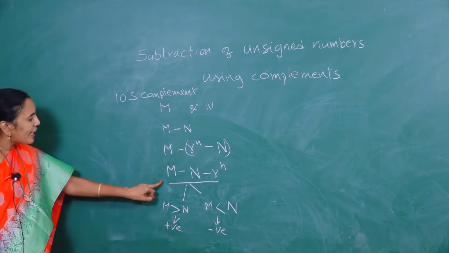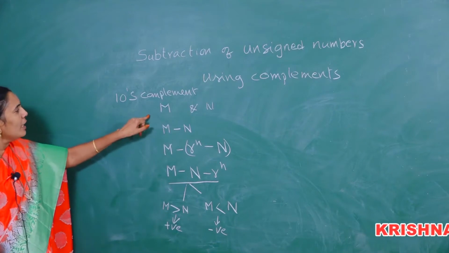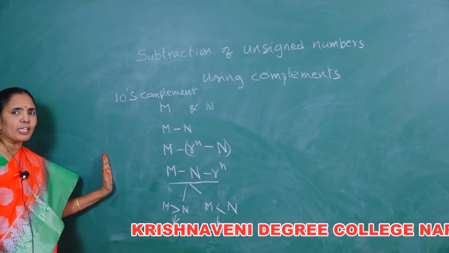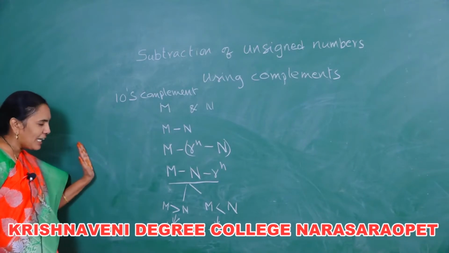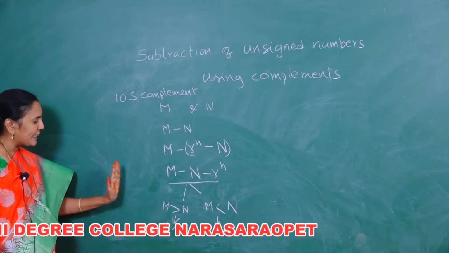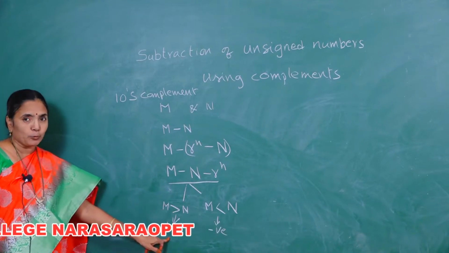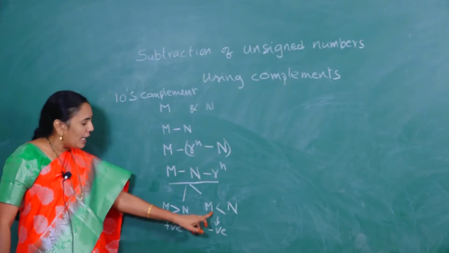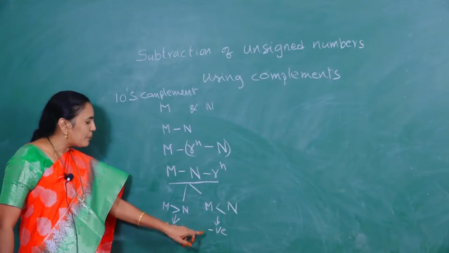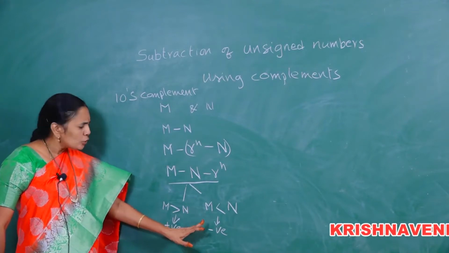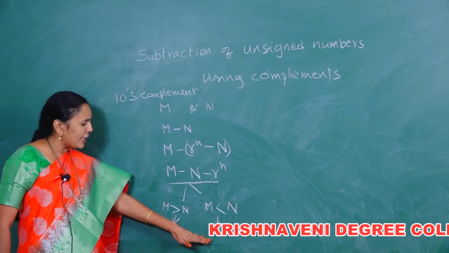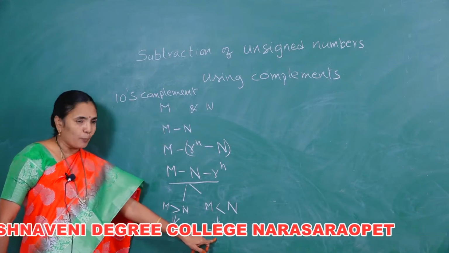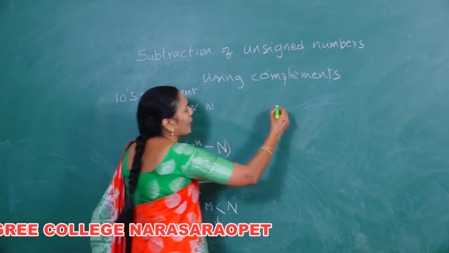So, when I do the subtraction through addition, if I get an end around carry, a carry from the last digit which is to be discarded, then the answer will be positive. If there is no carry out of the last digit, the answer is negative and it is expressed in complement format. Let us see how we know whether the answer is positive or negative.